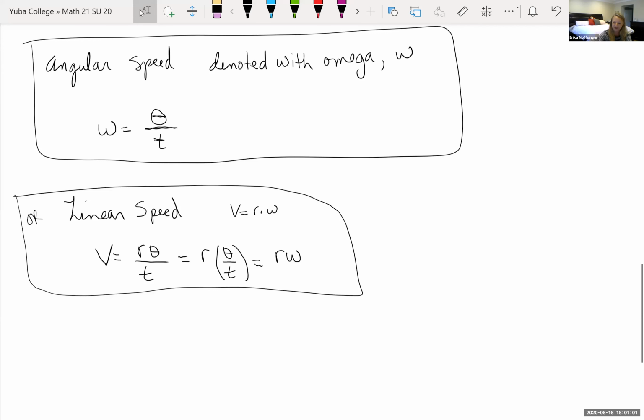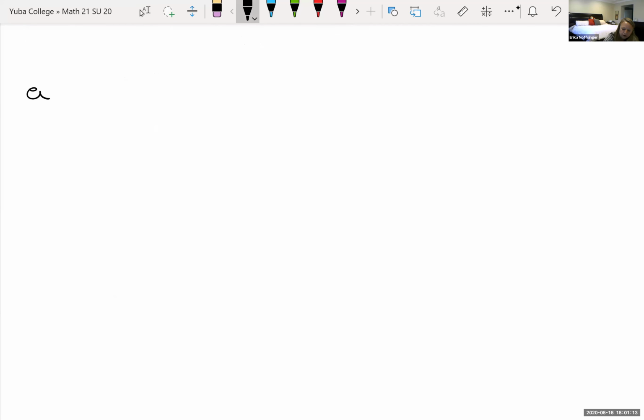You have some information that tells you the Ferris wheel has a radius of 30 feet. And you decide to pull out your phone and time how long it takes one car on that Ferris wheel to make one full revolution.